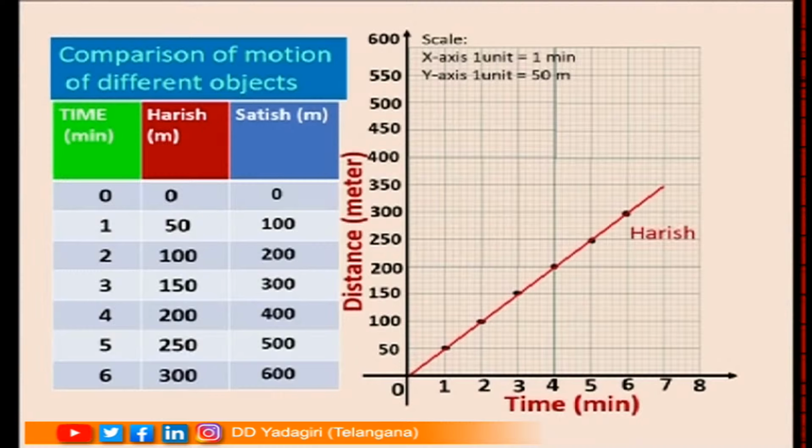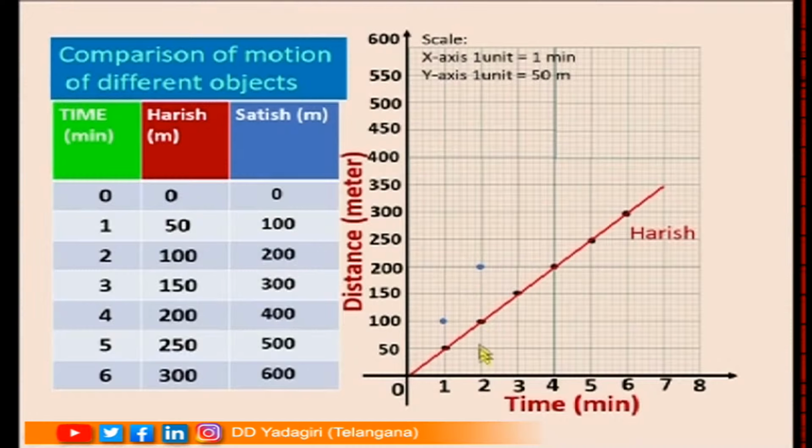And likewise draw the graph for Satish's motion also. After 1 minute he covered the distance of 100 meters here, children. After 2 minutes he covered the distance of 200 meters. Observe here.